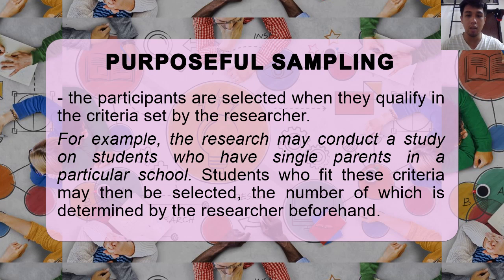In the example provided, what do you think is the qualification in participating in this kind of study? Students who have single parents are qualified to participate in this kind of study because they are one of the main basis of the criteria in selecting participants of this study.